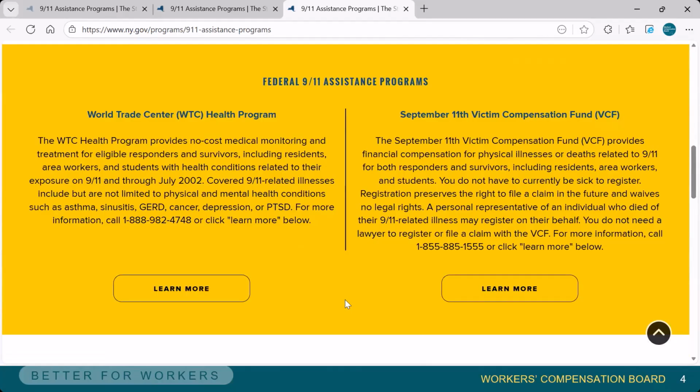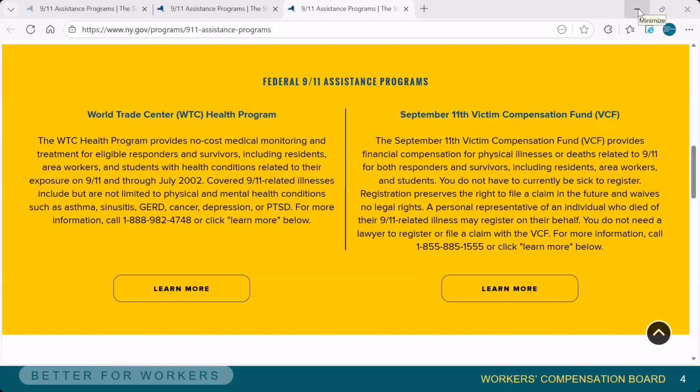The World Trade Center Health Programs are federally paid health care, which consists of both treatment and medical monitoring for people who are impacted by the events of September 11 and the aftermath. So we encourage anyone who fits those criteria to get in touch with the World Trade Center Health Programs and enroll. They're national, by the way. So if you're living outside the New York City metro area, it's okay. There are providers probably near you who can help you with this.